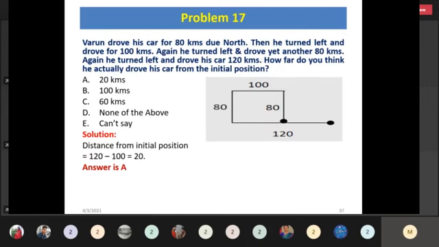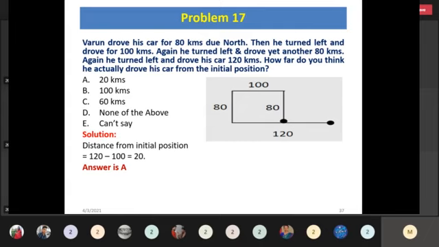Now coming to problem number 17. Varun drove his car for 80 kilometers due north. Then he turned left and drove for 100 kilometers. Again, he turned left and drove another 80 kilometers. Again, he turned left and drove his car 120 kilometers.